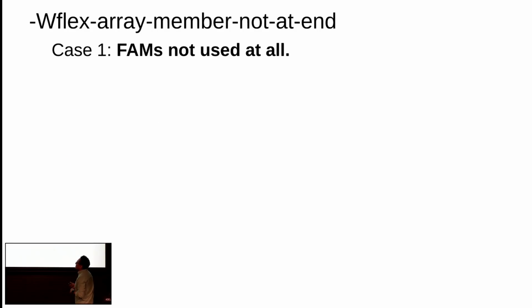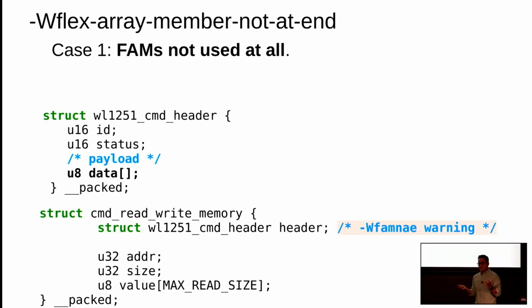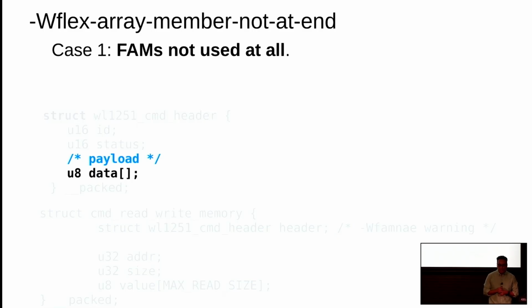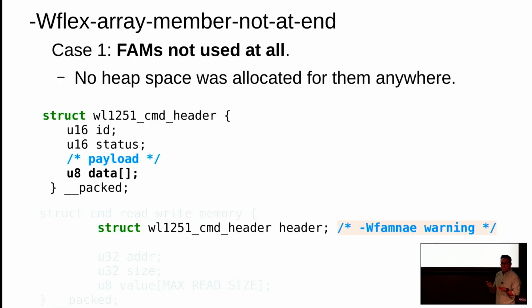Okay, so the first category is when the flexible array member is not being used at all. Here, this is kernel code. We have our flexible array member, and of course, we have our warning here. What happened with this code is that while reviewing the kernel, I realized that no heap space was being allocated in any place for this flexible array member.